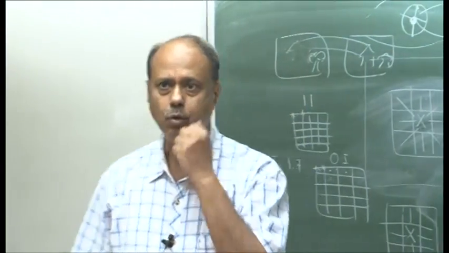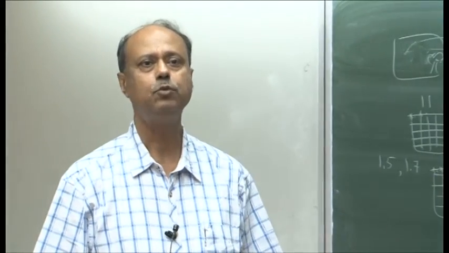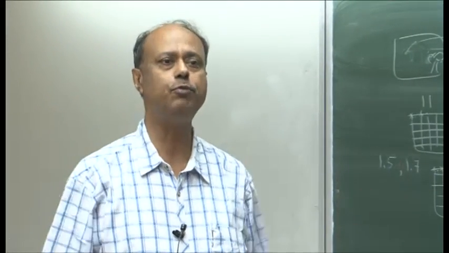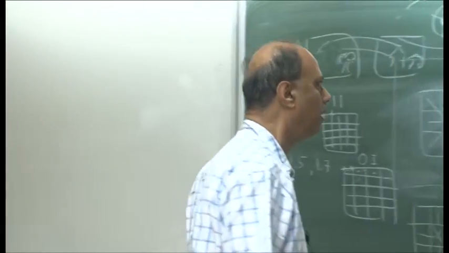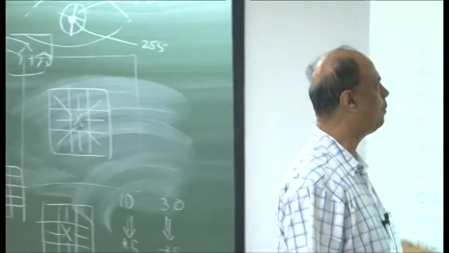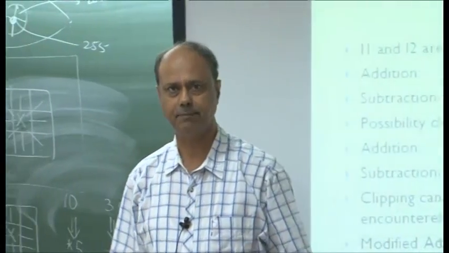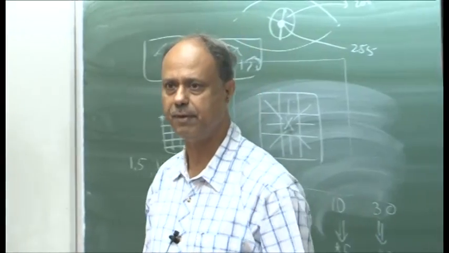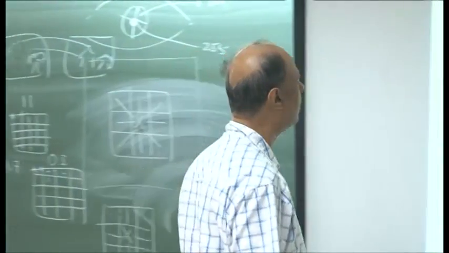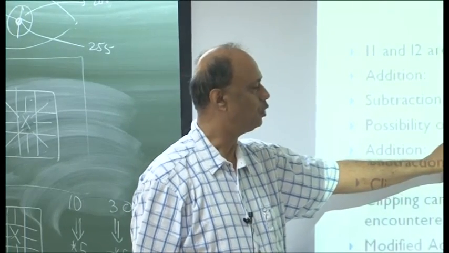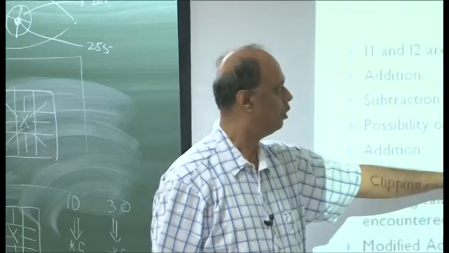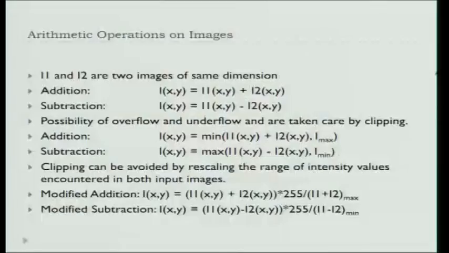if I add these two, there is a possibility the total intensity value may exceed 255. So, you have to control it, because you cannot add two pixels just like that, as it may exceed 255. One way to control this overflow and underflow problem is to take the minimum of I1(x,y) plus I2(x,y), comma, I max, that is 255.